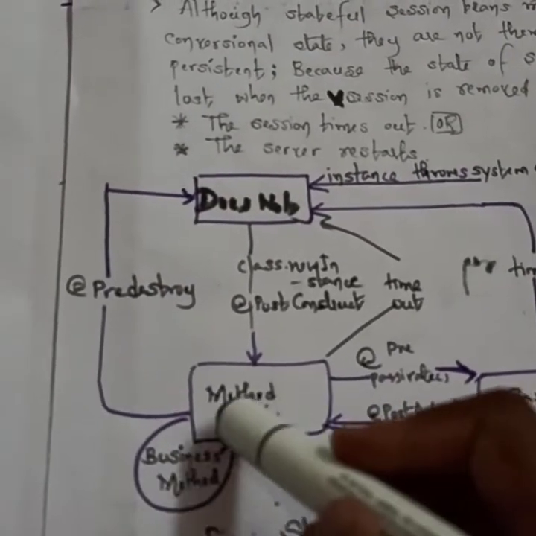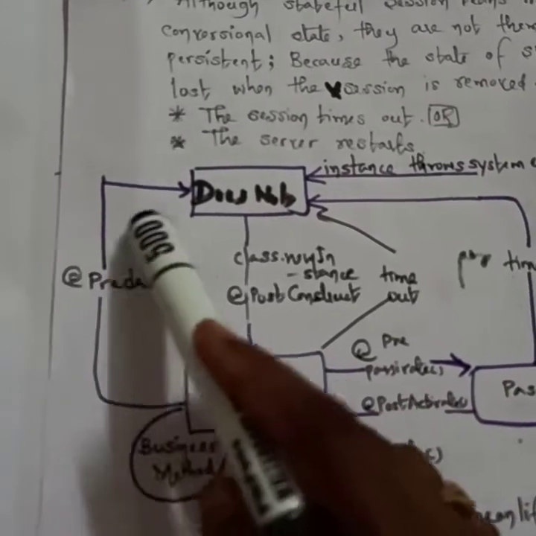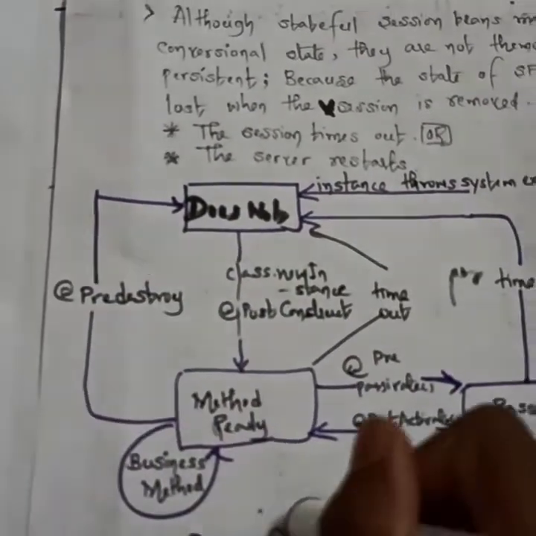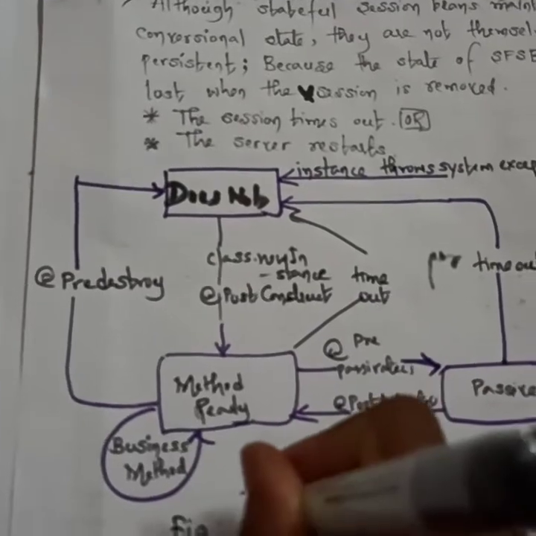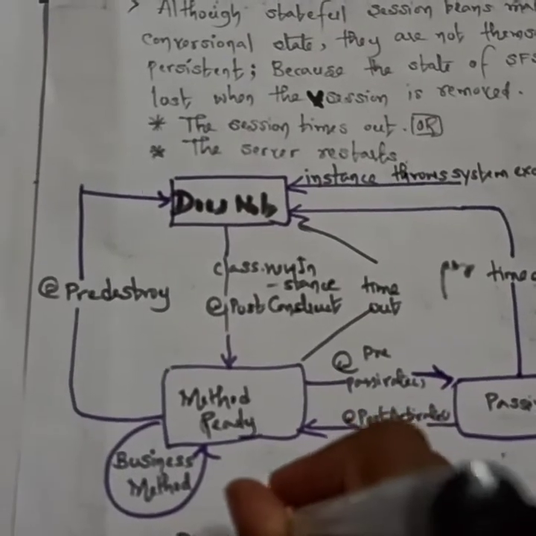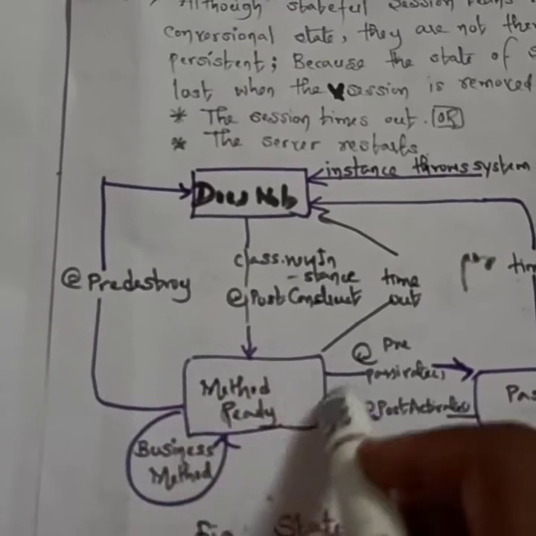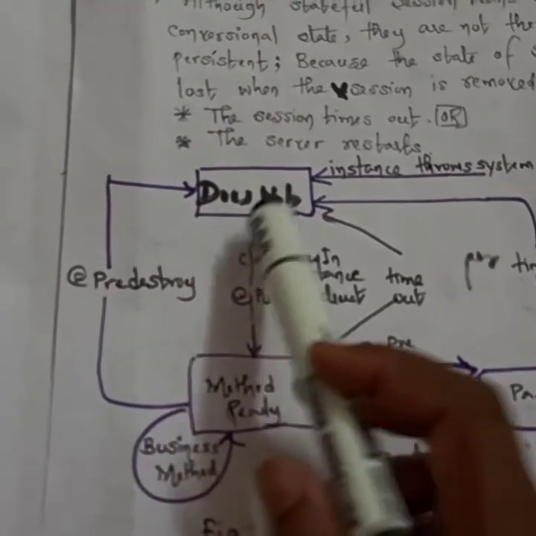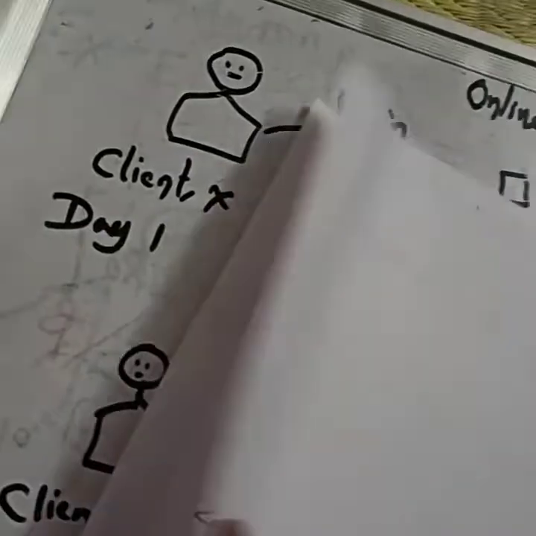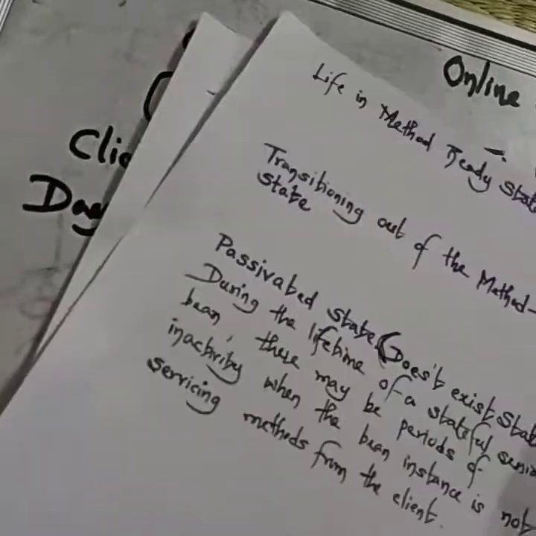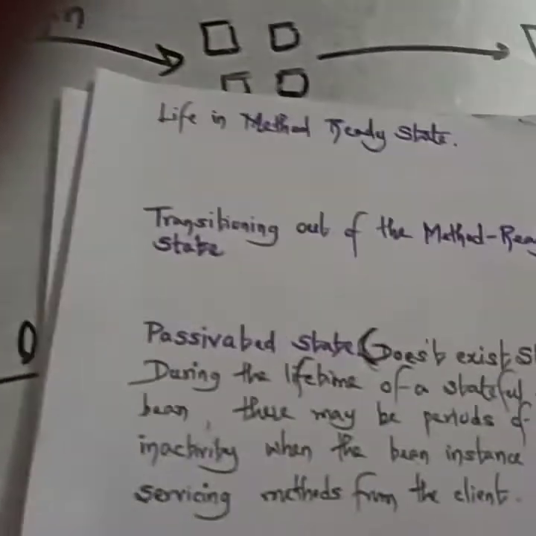Next, the method ready pool enters the PreDestroy state when the EJB container treats the application as no longer usable. In that case, the EJB container removes this application, and it enters the does not exist state. This is transitioning out of a method ready state.